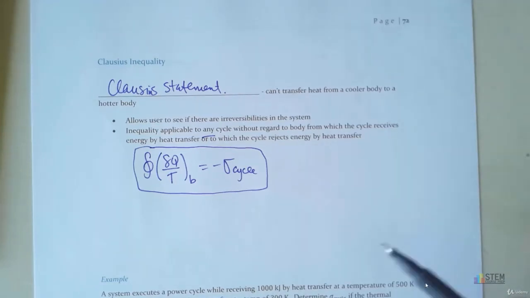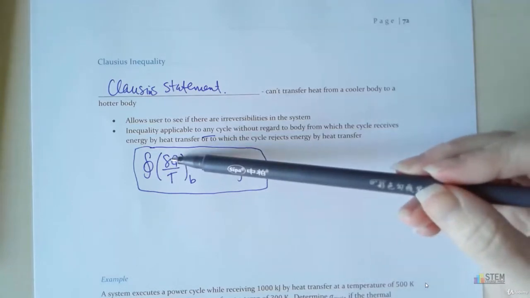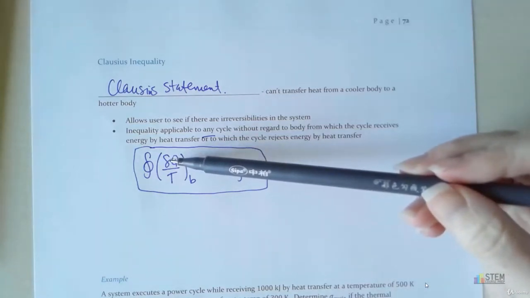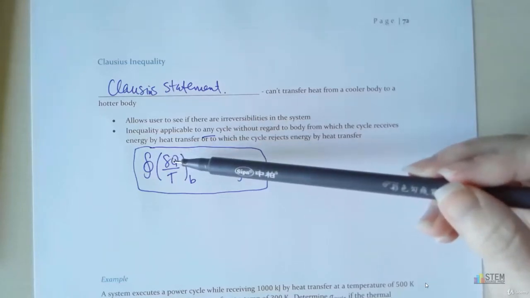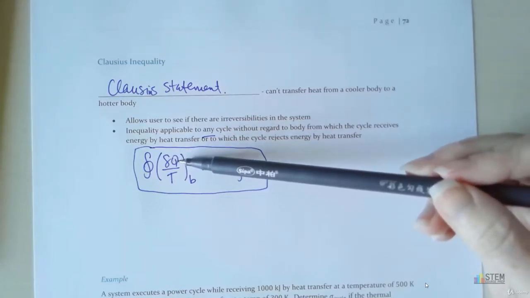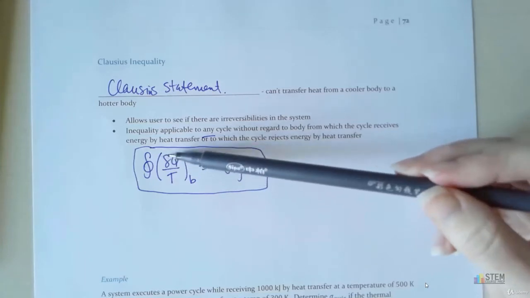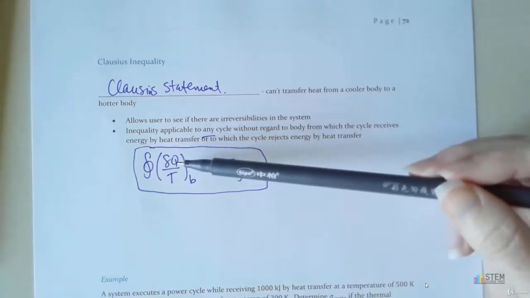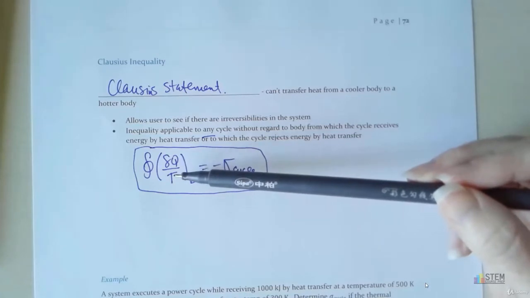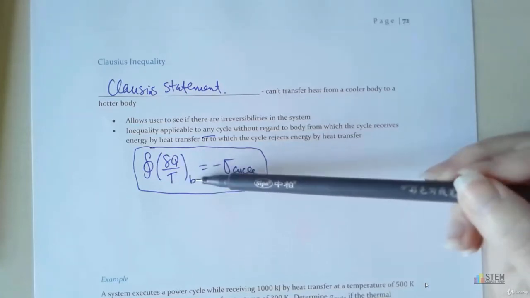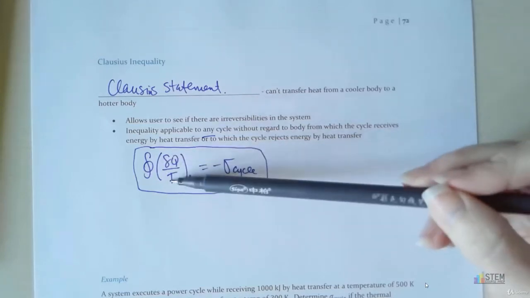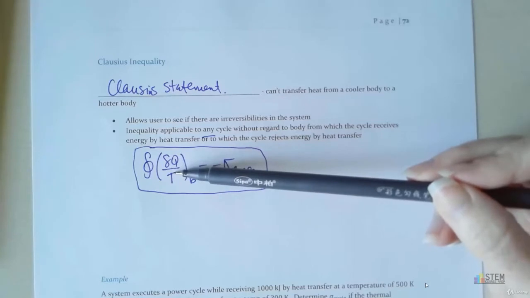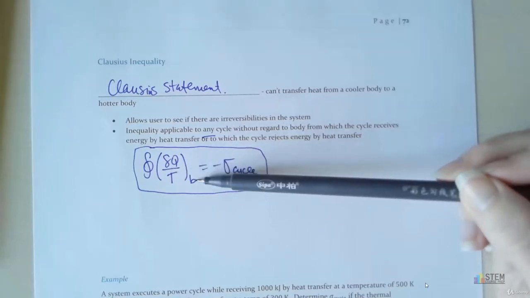So what this is telling us, this delta Q here, is basically representing the heat transfer at a part of the system boundary during part of the cycle. That's all this is. So it's delta Q because it's not the full value of Q. Then T just represents our temperature. B is just telling you you're going to evaluate this part, the delta Q over T, at the boundary of the system.